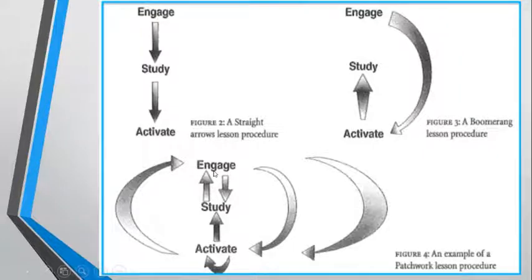First, you can engage, then activate, and then engage, and then to the engage, you will study. This is something really interesting. There is another example here where first you can engage, then you can study, and that's it. It doesn't have a really organized way of sequencing things, but that's how it works.